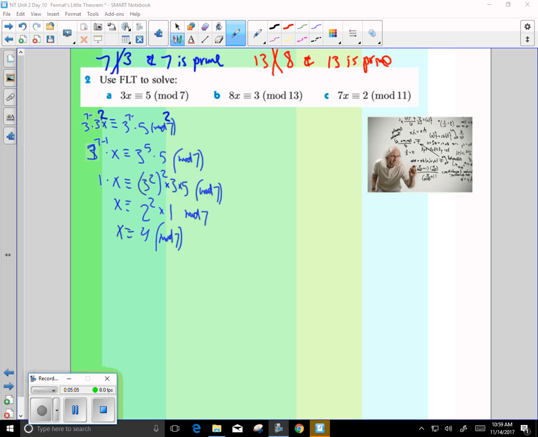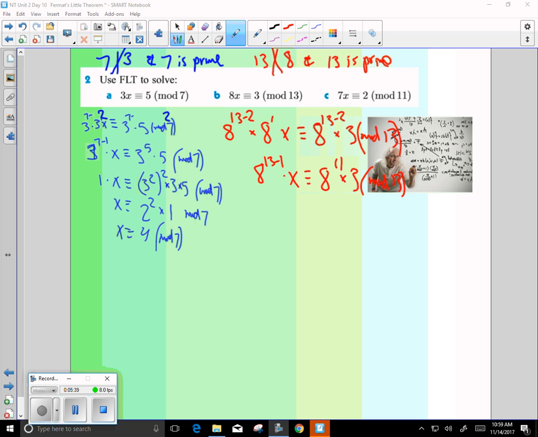So I'm going to do this right this time. 8 to the 13 minus 2 times 8 to the first, x is congruent to 8 to the 13 minus 2 times 3, mod 13. This is just going to be 8 to the 13 minus 1 times x, 8 to the 11th times 3, mod 13.